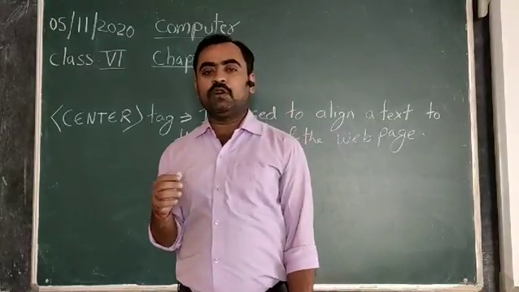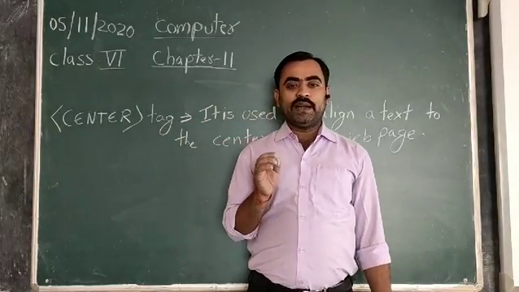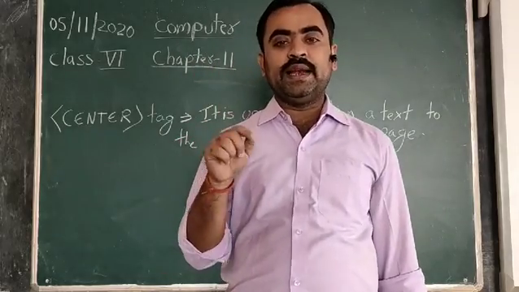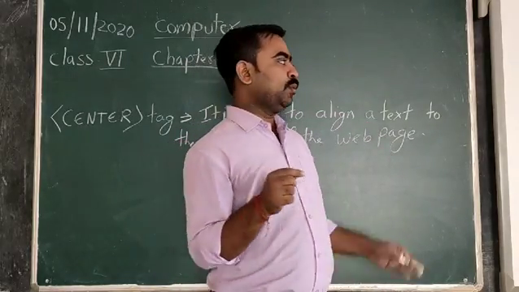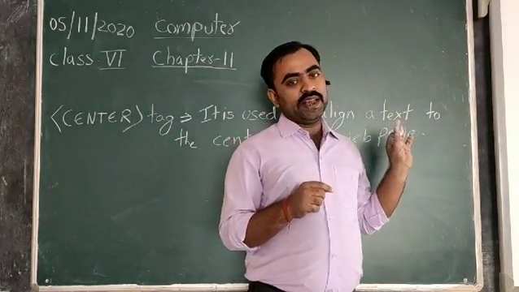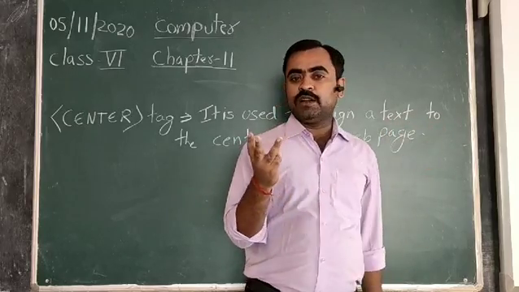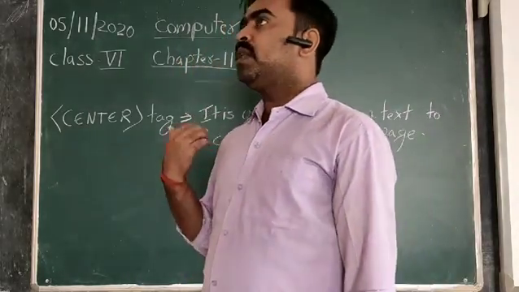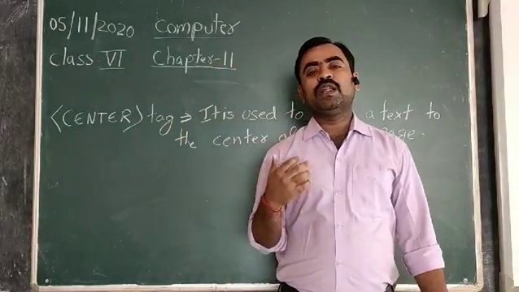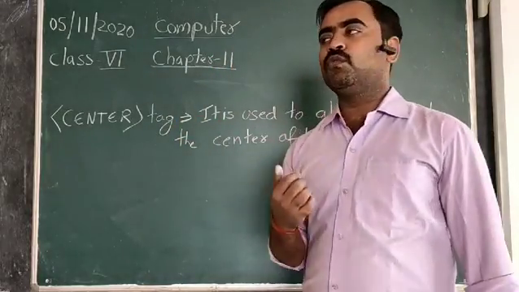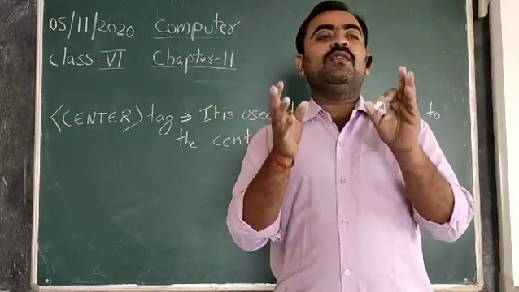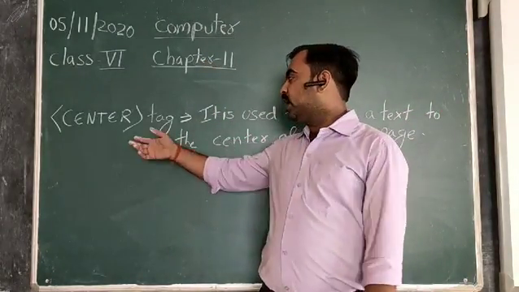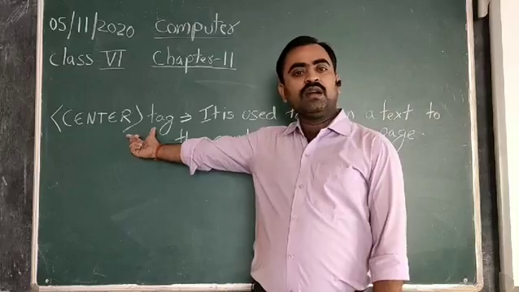In the paragraph tag we have the attribute align, and using the align attribute we can align the text or the paragraph into 3 different positions: left, right and center. But without using the paragraph tag, if you want to present anything in the center of your web page, you can directly use the center tag.